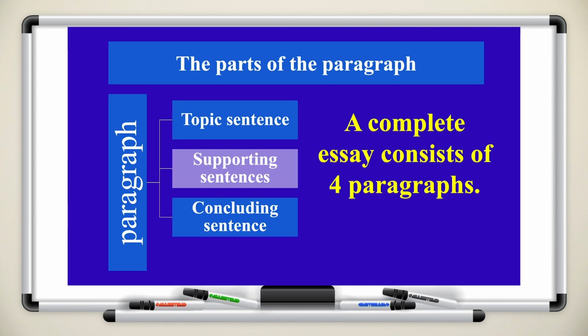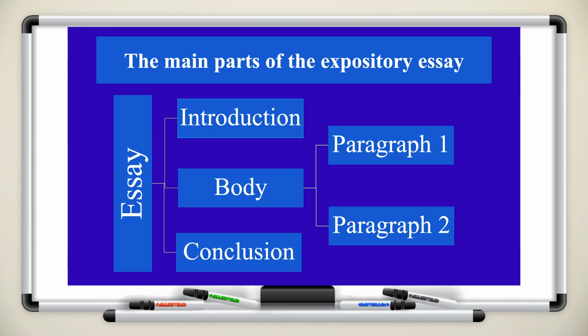The paragraphs also have parts: the topic sentence, followed by supporting sentences and concluding sentence. Now, when you look at the essay overall, you will find that every essay should have 4 main paragraphs: the introduction, the body 1, body 2, and the conclusion.